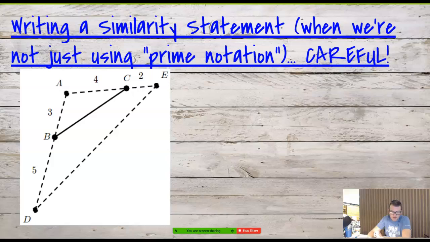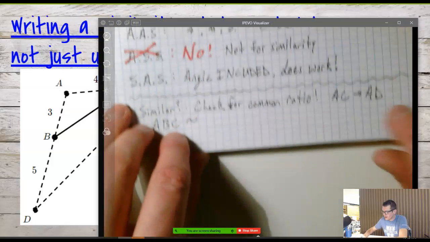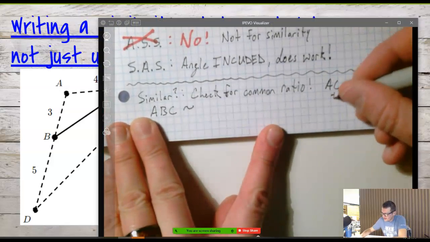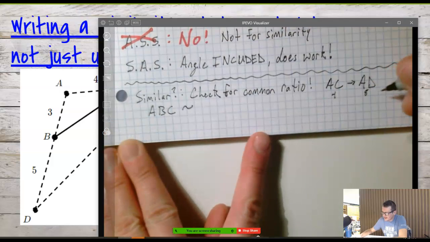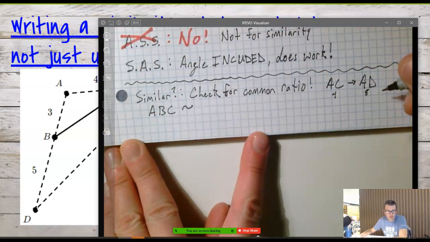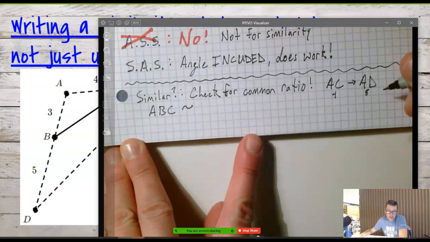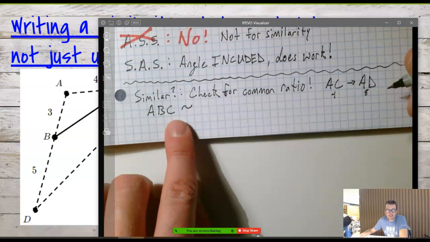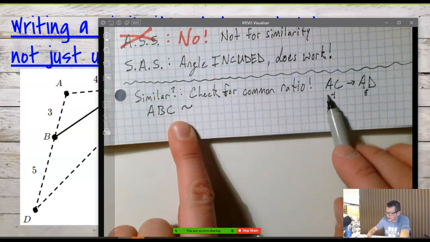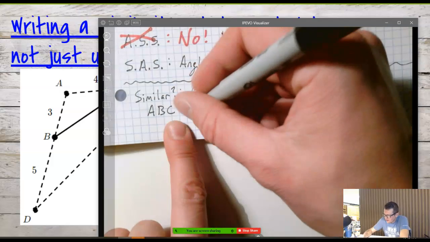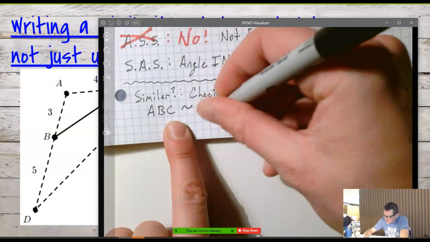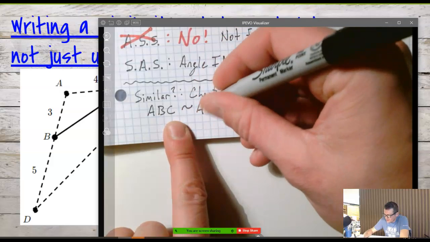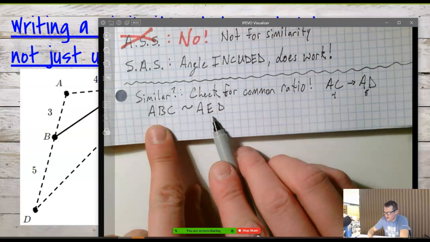So I need to show my notes here. AC goes to AD. AC was 4, AD is 8, so we're thinking the ratio would be 2, like a scale factor of 2. Then if we write ABC similar to, well, if AC goes to AD, then this has to be E, right? We have to have the other point in the middle.